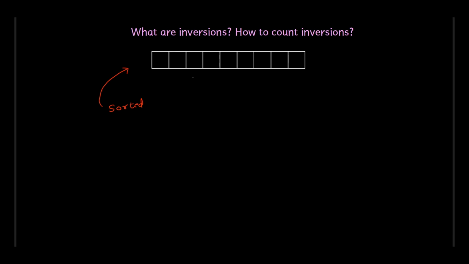then if you select any index i on the left-hand side and an index j on the right-hand side, what can you say about A_i and A_j? If it is sorted, then i is less than j, which means A_i has to be less than or equal to A_j. But what if this is not true?